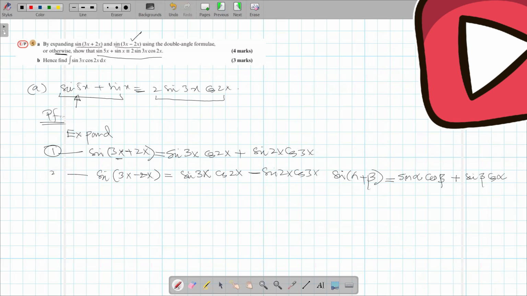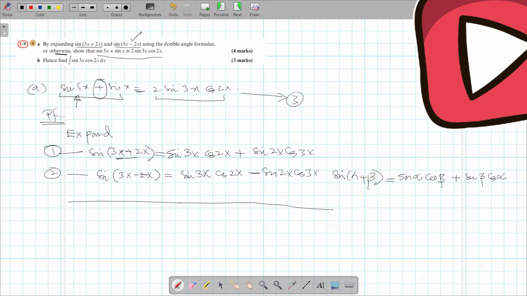Say this is equation 2. Now, to get this identity, what to do? Add equations or subtract equations? Add the equations, because there is a plus sign. So we will add them.